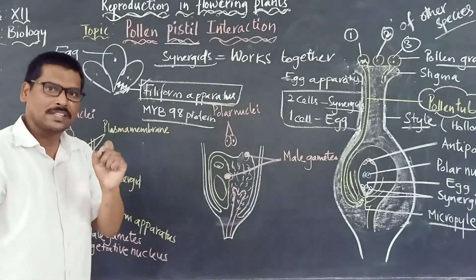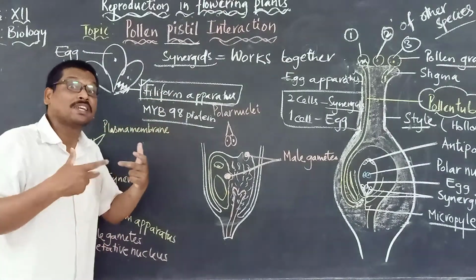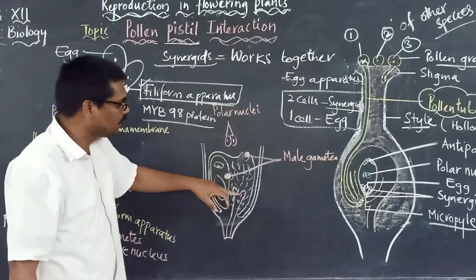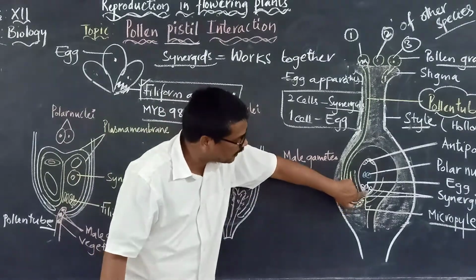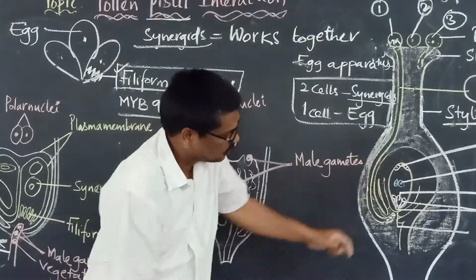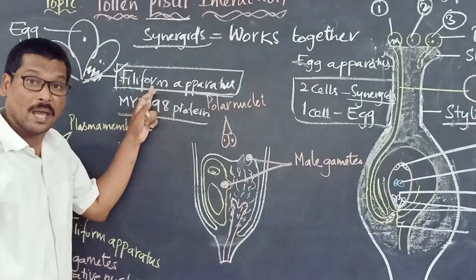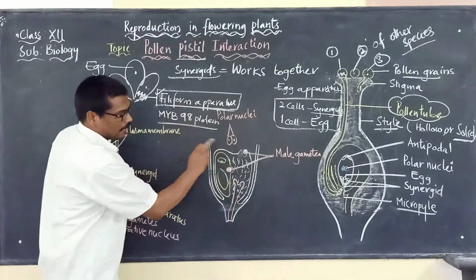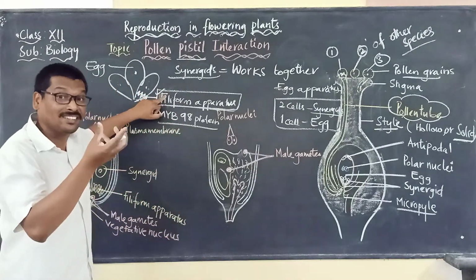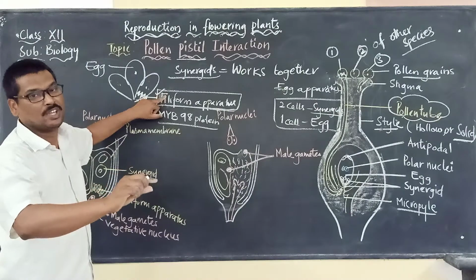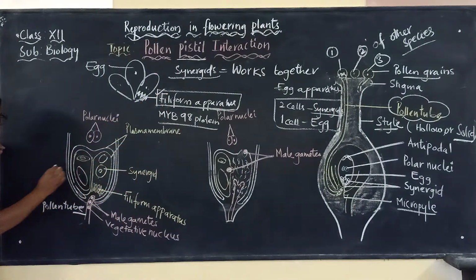It is believed that the filiform apparatus produces some chemicals to attract the pollen tube. So remember that the filiform apparatus attracts the pollen tube, and the pollen tube now reaches the synergids. These two are the synergids.